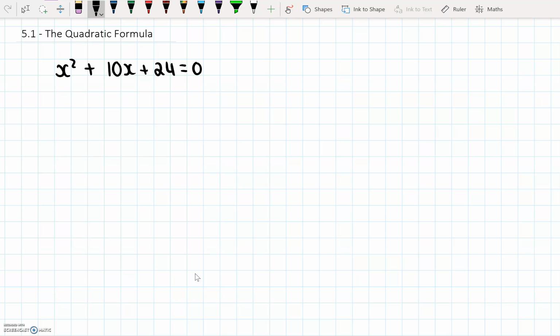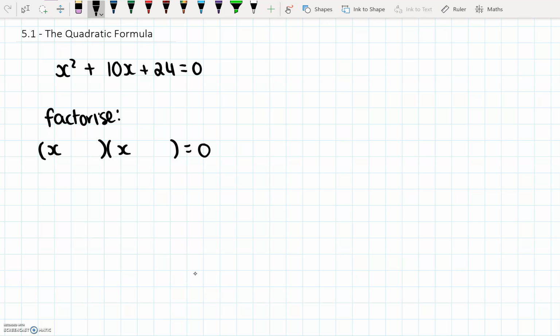All right, we can firstly solve it by factorizing. That is almost always the easiest way, and you should always try this first. So we can factorize, and to do that, you just put it into brackets. It's going to be x plus something, x plus something.